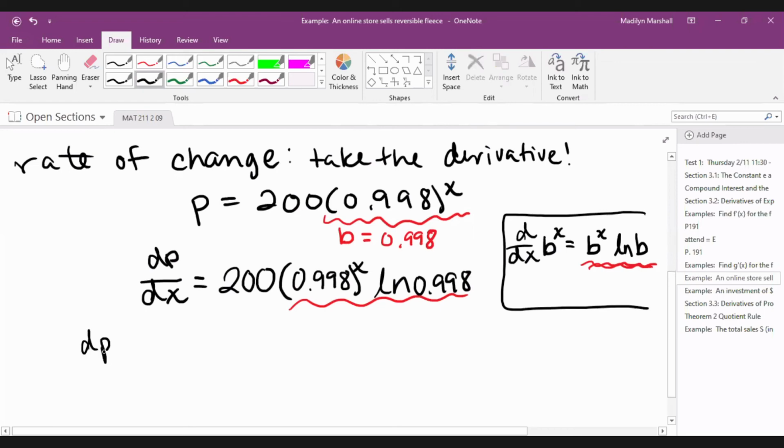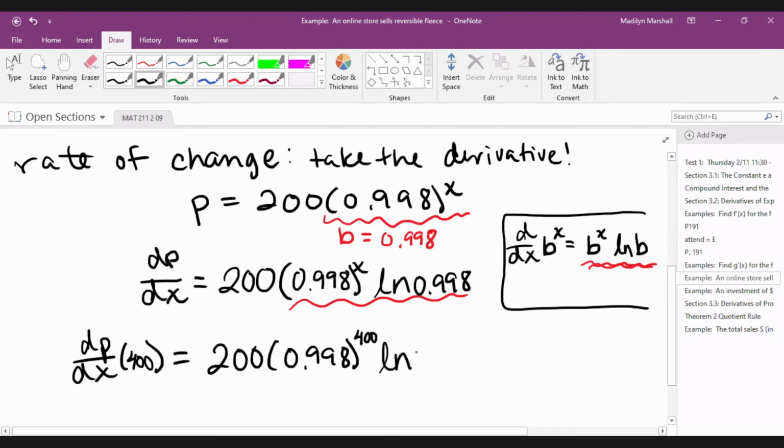Now I'm wishing I had used prime notation, but we can use dp dx of 400. This is a function, so we're just going to plug in 400 for x, and that whole thing will just be evaluated in a calculator.